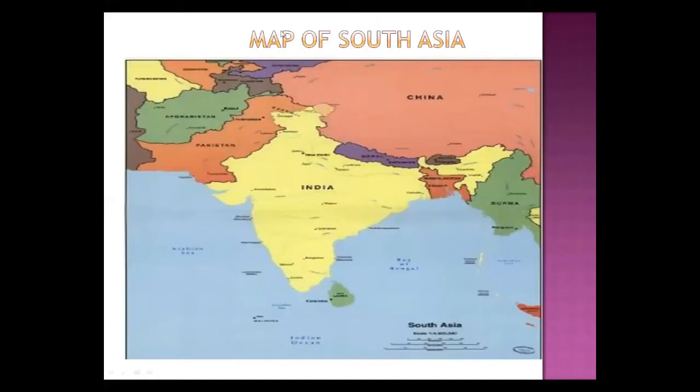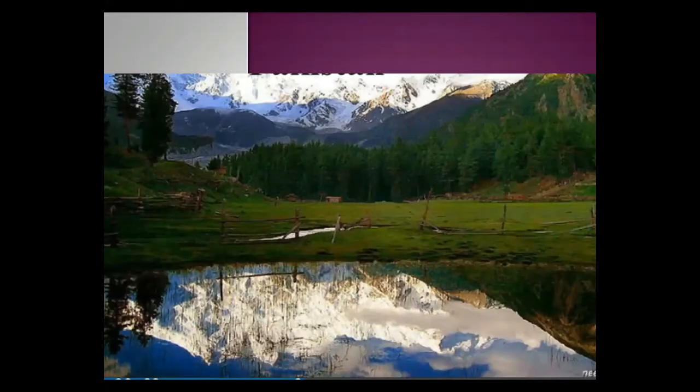There are 7 countries in South Asia, and the Islamic Republic of Pakistan lies between the latitudes of 23.35 to 37.5 north and extends from longitude 60.50 to 77.50 east, covering 7,96,096 square kilometers. Pakistan consists of 4 provinces, a federal capital area, and federally administered tribal areas.